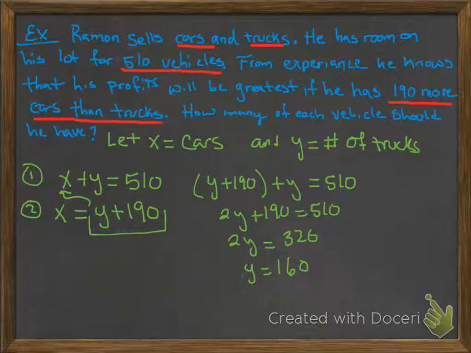So y is how many trucks he should have. He should have 160 trucks, but I need to know how many cars. So I'm going to plug that into equation 2. x is equal to 160 plus 190, so x is equal to 350.